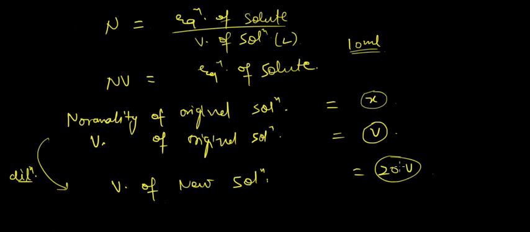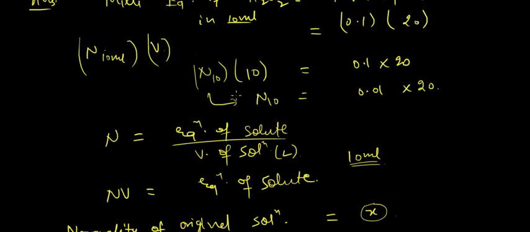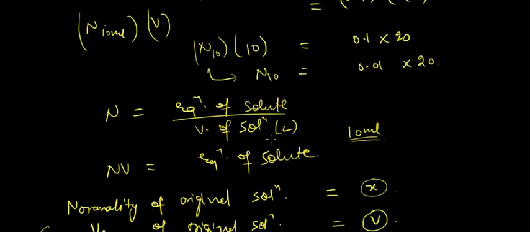Okay, and this is the normality of 10 ml of the diluted solution. So we can write it either as 10 ml or normality of diluted solution, N dil.